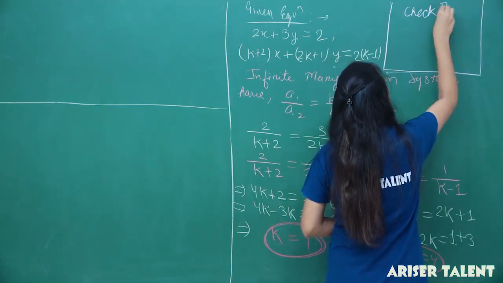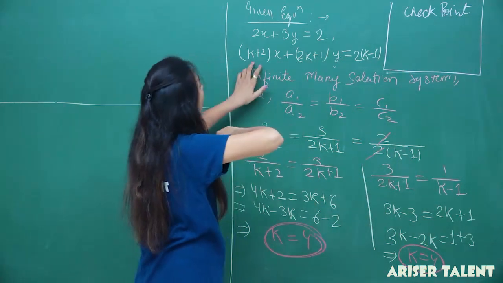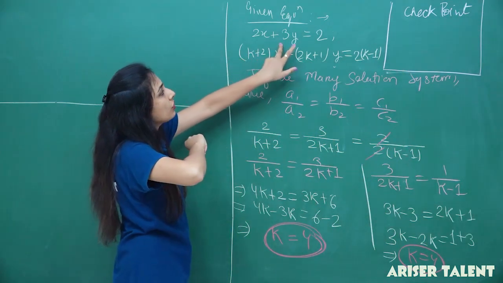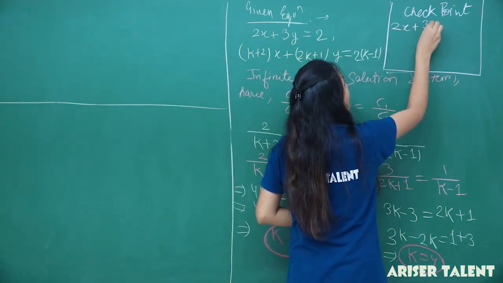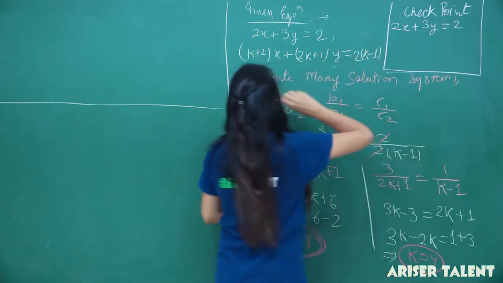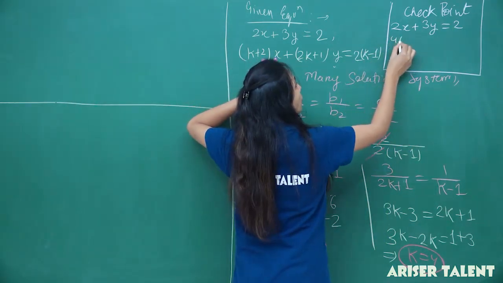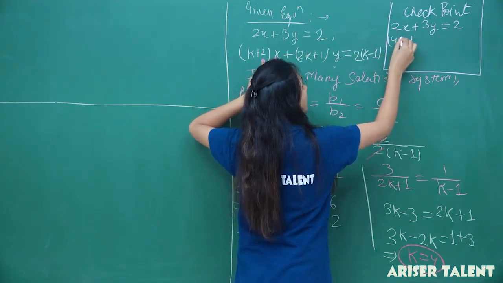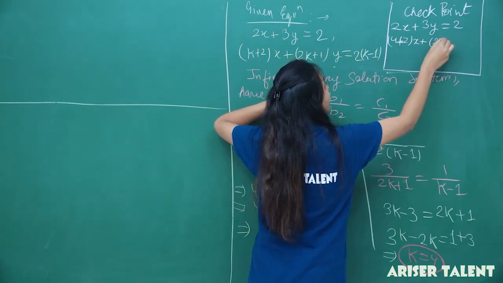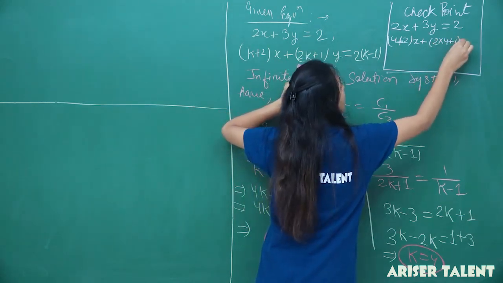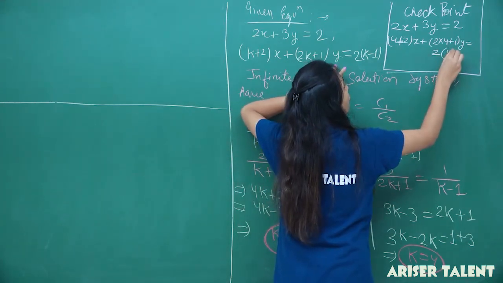Check. Now this is 2x plus 3y equals 2. Put k equals 4 here: (4 plus 2)x plus (2 multiplied by 4 plus 1)y should equal 2 times 4 minus 1.